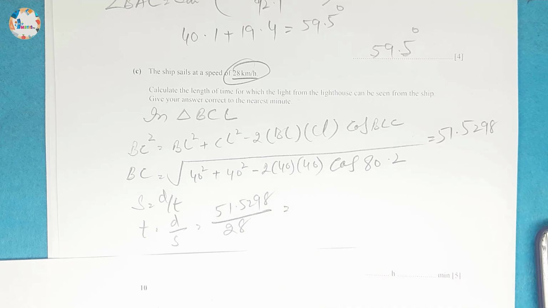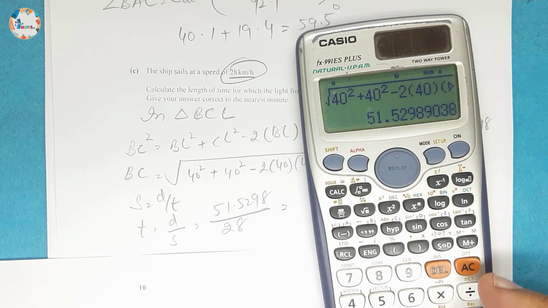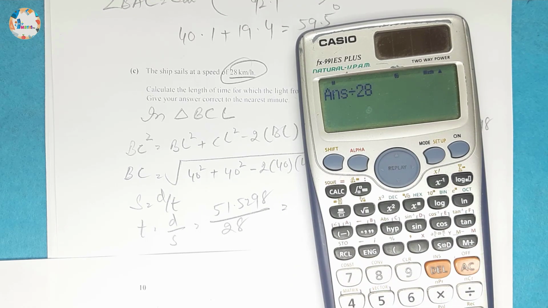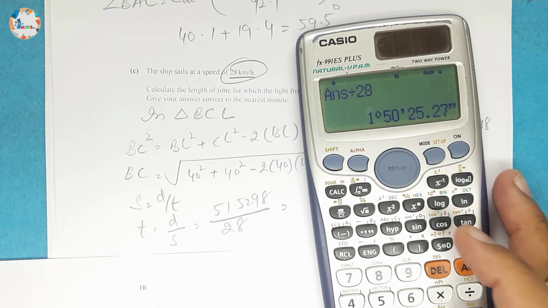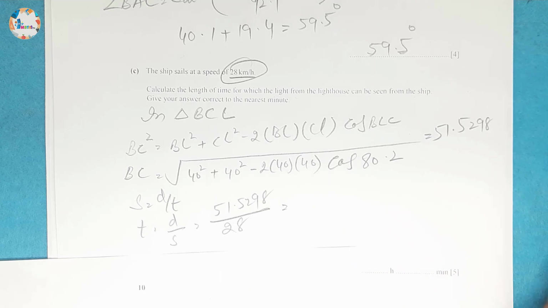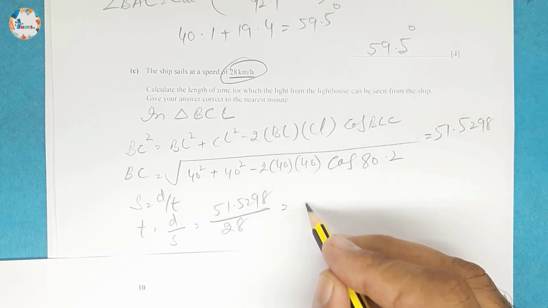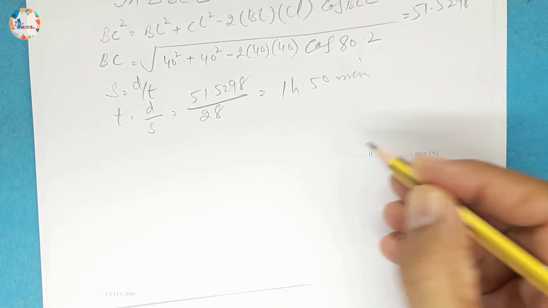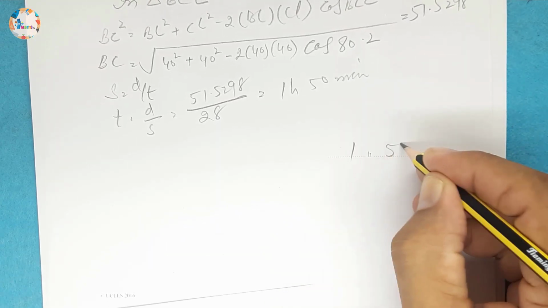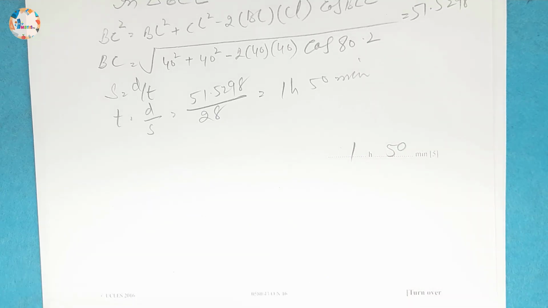So we will divide this number by 28, and after dividing we will just press the time button and we will get the answer 1 hour and 50 minutes. So 1 hour and 50 minutes will be our answer, which is scoring 5 marks.